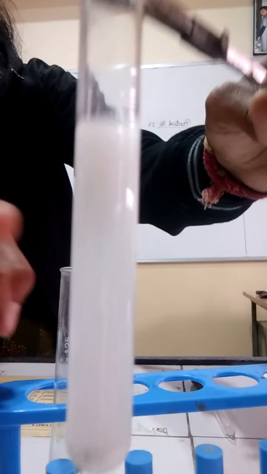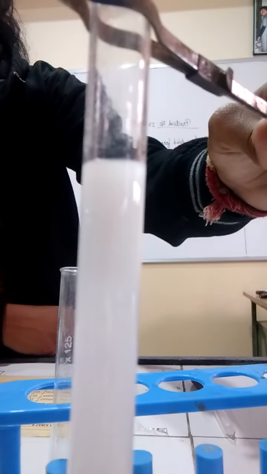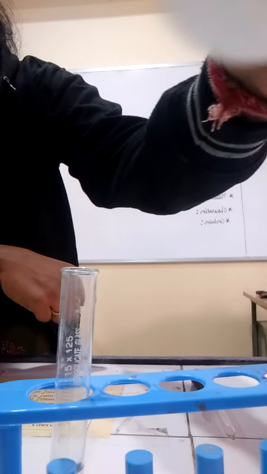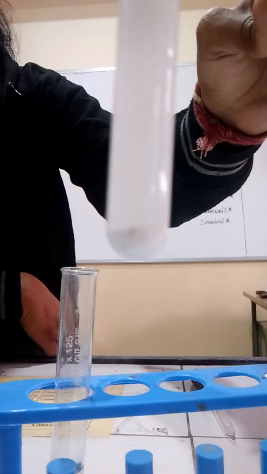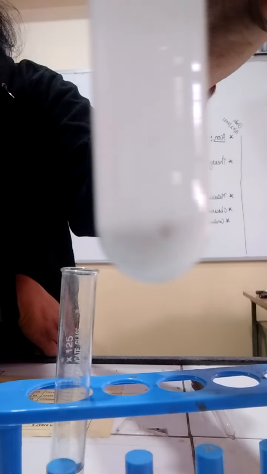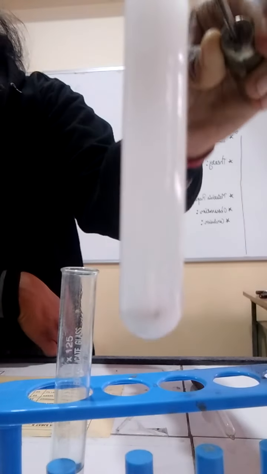See this white color precipitate, it settles down at the bottom of the test tube. This is your observation. Okay, have you seen clearly? So this is your observation.